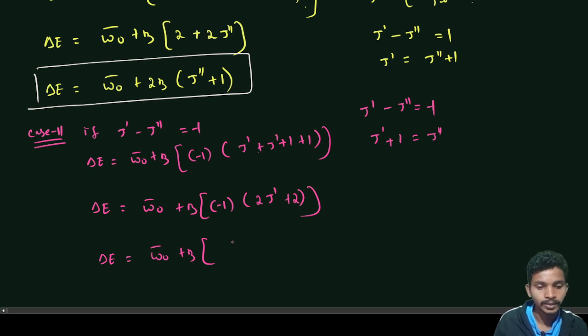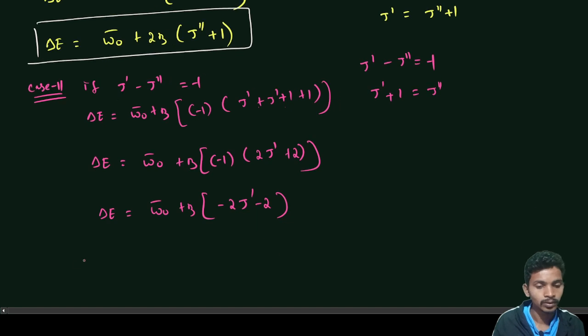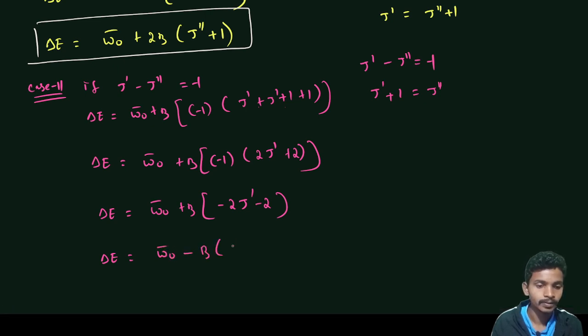So you can see that this is going to become minus 2j dash minus 2. If I take minus common, then omega naught minus b times 2j dash plus 2.